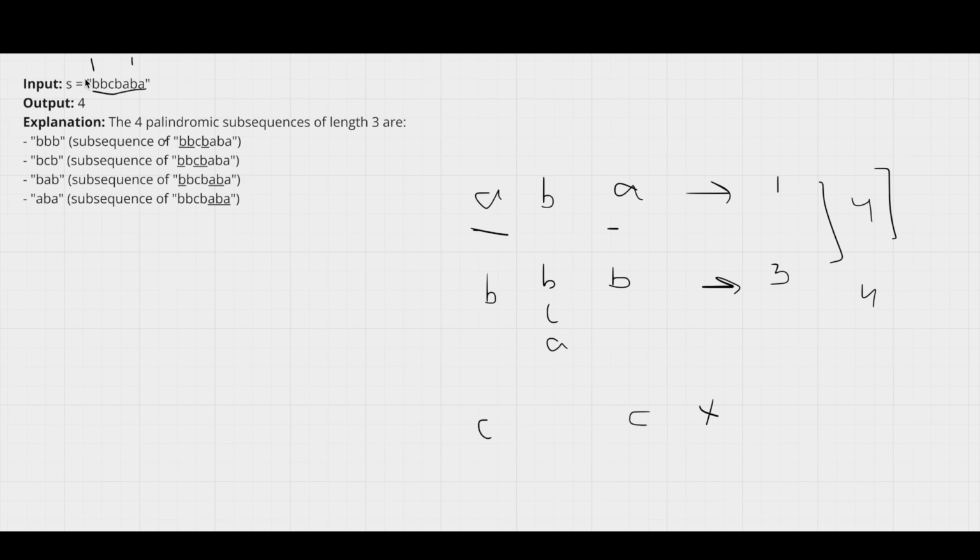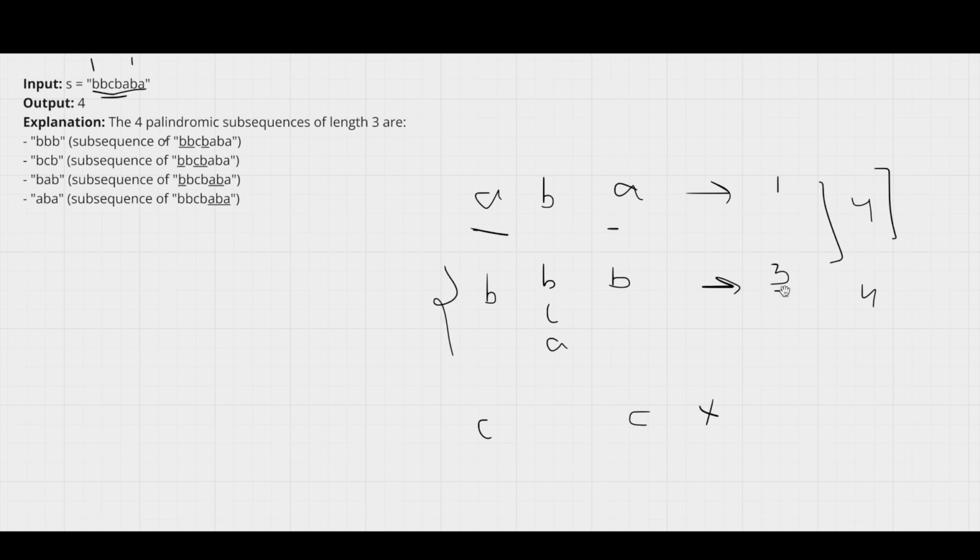If we have the start index and end index, then we can find the unique characters in the range. Like for B and B, we can find the unique characters in the range. So B, C, B, A is 4 characters, but only 3 are unique, so we have taken 3 as the count.